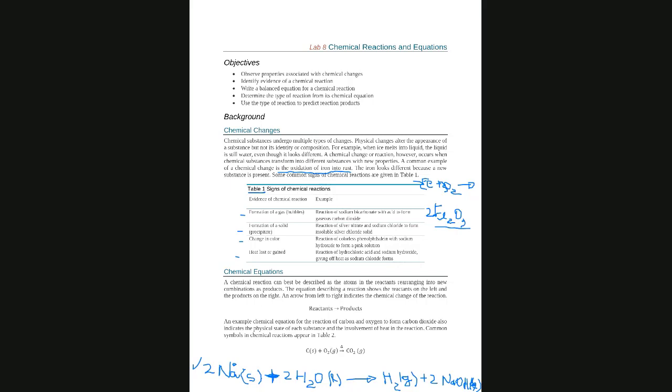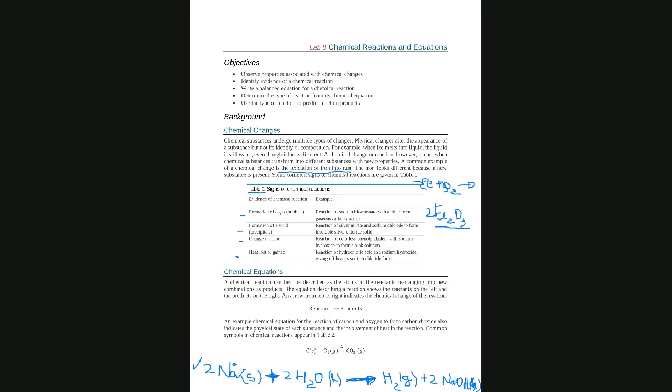This is the arrow. The arrow divides the products and the reactants. Sodium and water are the reactants, and hydrogen and sodium hydroxide are the products. So the arrow means the reactants react with each other and produce the products.